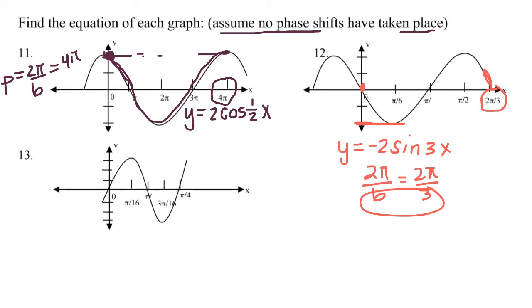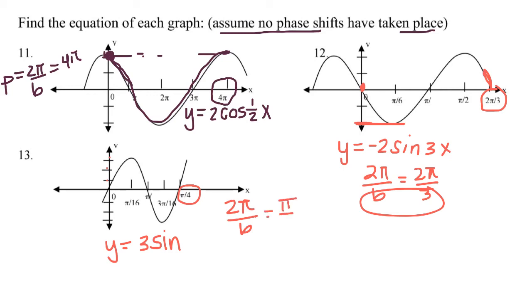Alright, so here for 13, let's see, this looks like a sine graph, so we know we have y equals, and our amplitude looks like it's 1, 2, 3, so y equals 3 sine. And then we're going to have to do our 2 pi over b again. And it looks like we're completing one whole cycle here at pi over 4.